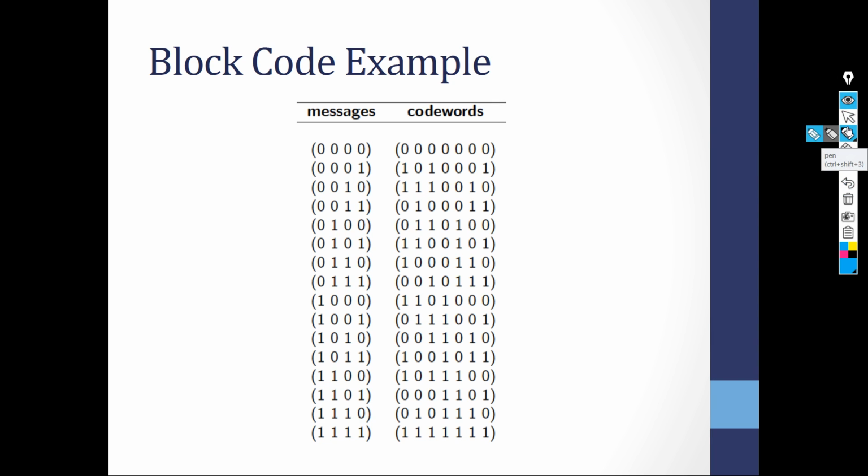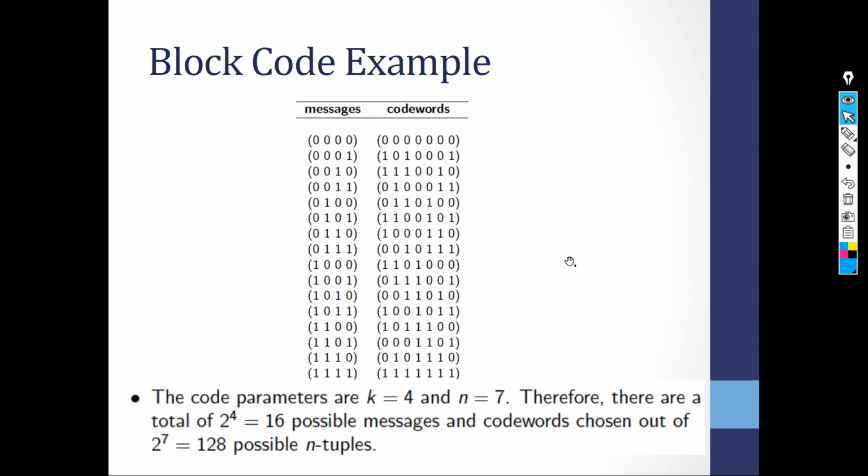Now let's move on. The code parameters are k equal 4 and n equal 7. The k is related to the message sequence and n is related to the code word length. Therefore, there are a total of 2 to the power 4 equals 16 possible messages and code words chosen out of 2 to the power 7.